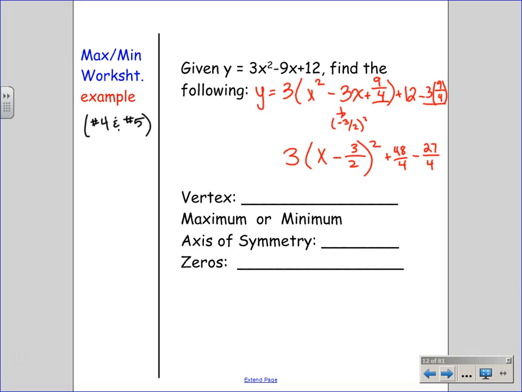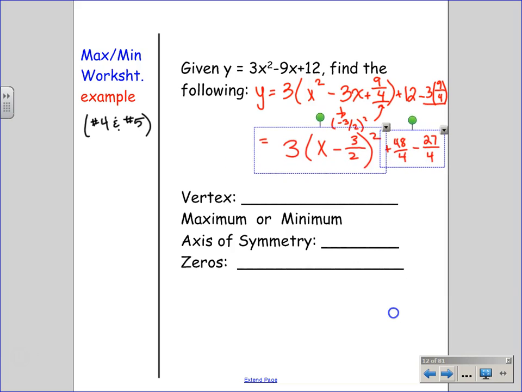Quantity squared. Which should then give us, as our final standard form, x minus 3/2 squared plus, what'd you guys get, 48 minus 27? What was it? 21, good.